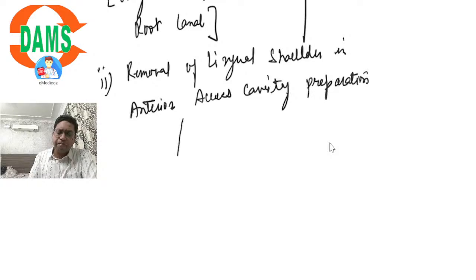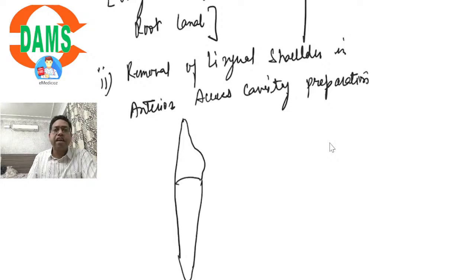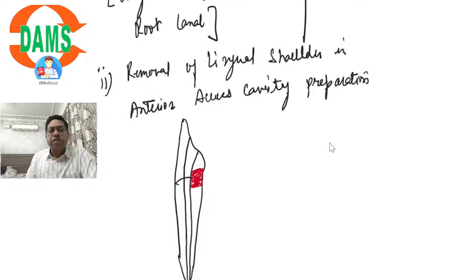If I talk about a maxillary central incisor in a buccolingual aspect and look at its anatomy, it has a root canal anatomy like this. There is an extension of dentine on the cervical lingual aspect of the tooth, which causes the root canal to bend at the cervical area.